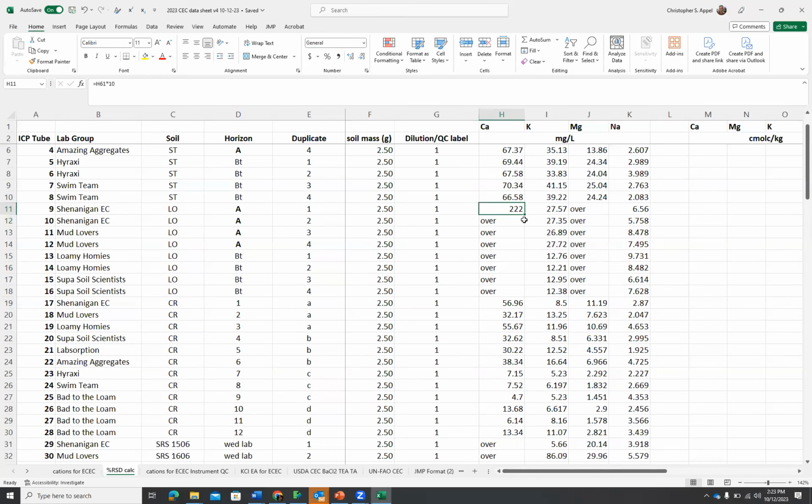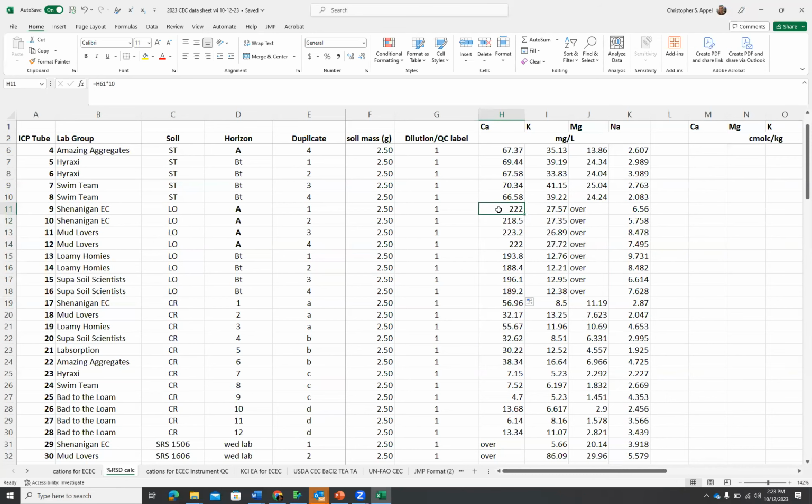All right, so it should be 222 now. Yeah. So I got H61 times 10. Yeah, it's just making it so I can do everything up here. So I'm going to fill that down.